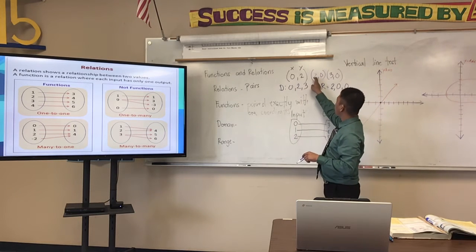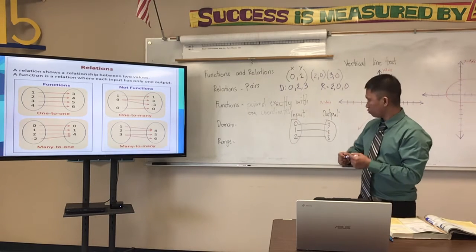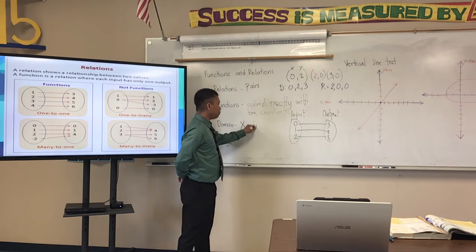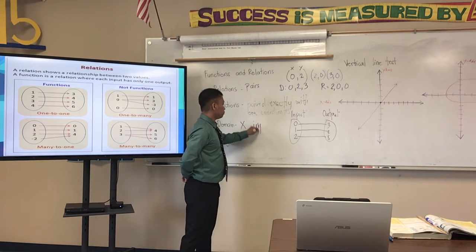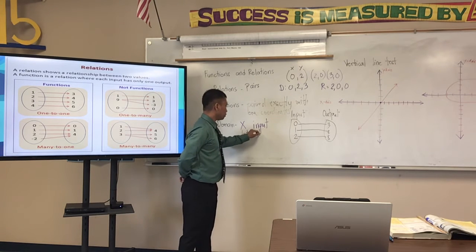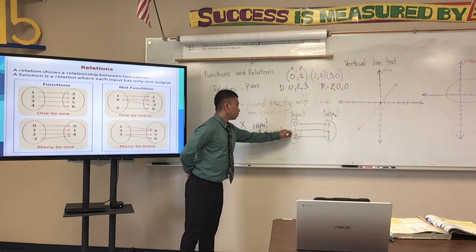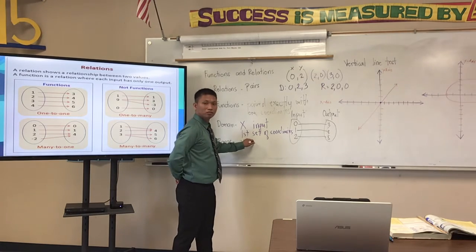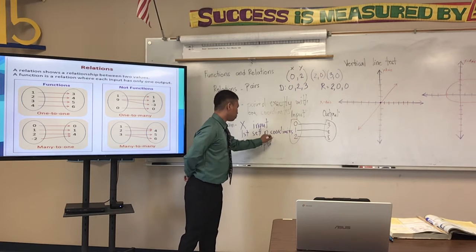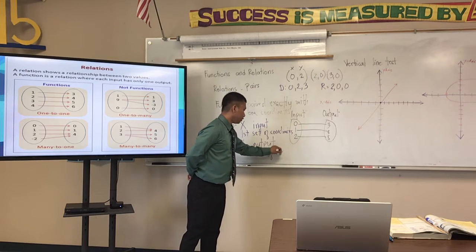Therefore, this set of ordered pairs is an example of a function. Again, the domain is the x, or the input, the first set of coordinates, while the range is the y, or the output, the second set of coordinates.